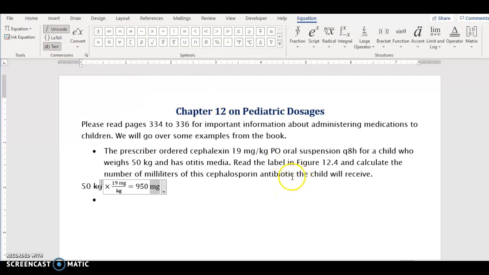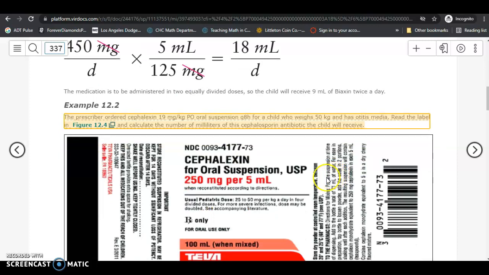Okay, so we need to look at the label in figure 12.4 and calculate the number of milliliters that will be given to the patients. So what we're looking for is the strength of the drug. Right, so how many milligrams are in a milliliter? According to the label here, the strength is 250 milligrams per 5 milliliters.